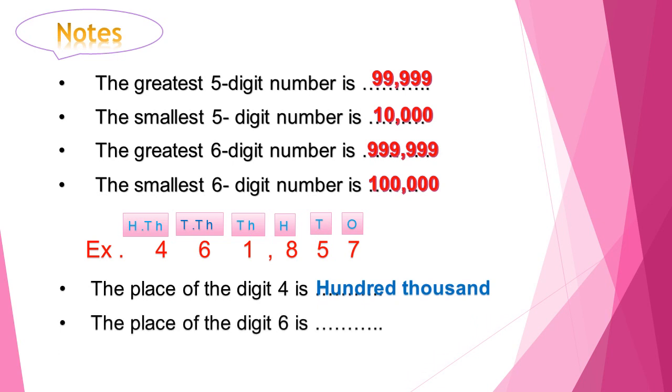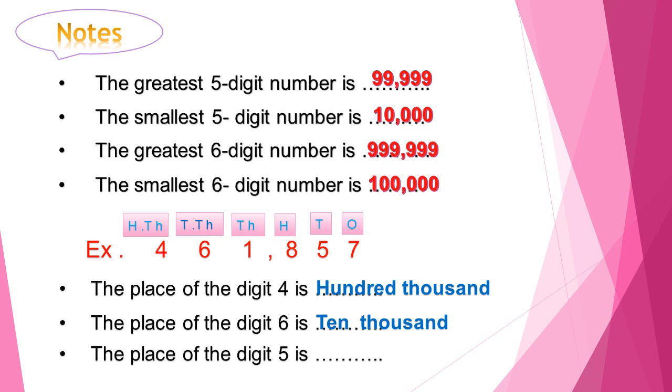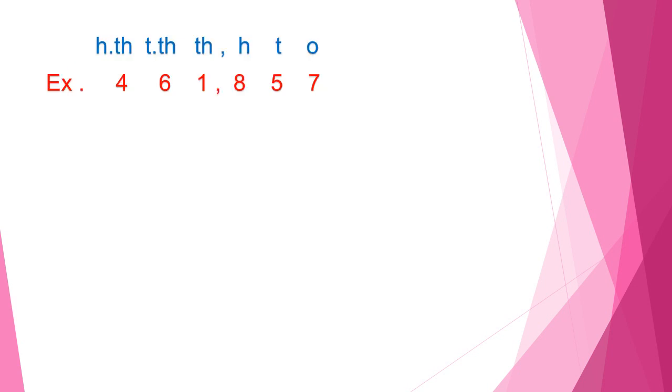The place of the digit 6 is 6 in 10,000s. Then its place is 10,000s. The place of the digit 5. 5 in tens. Then its place is tens. We have another example. Let's read it.